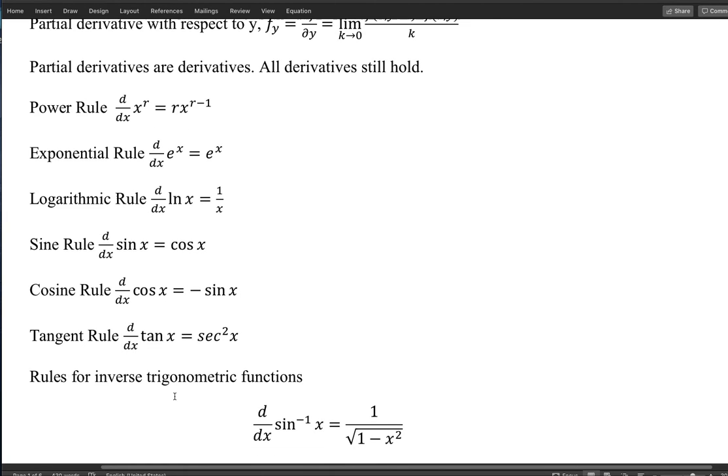Okay, and also for trigonometric functions, there are a few inverse trigonometric functions you want to know very well, like the inverse of sine. Also, in terms of notation, sometimes we write this as arc sine or sine inverse; they are the same.